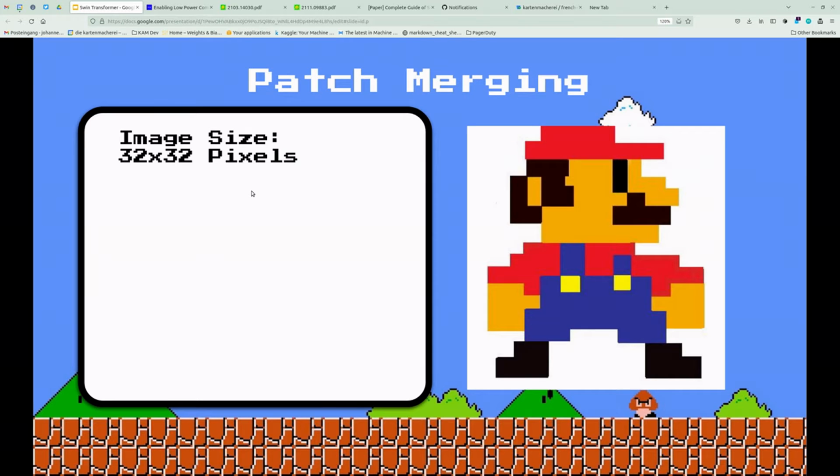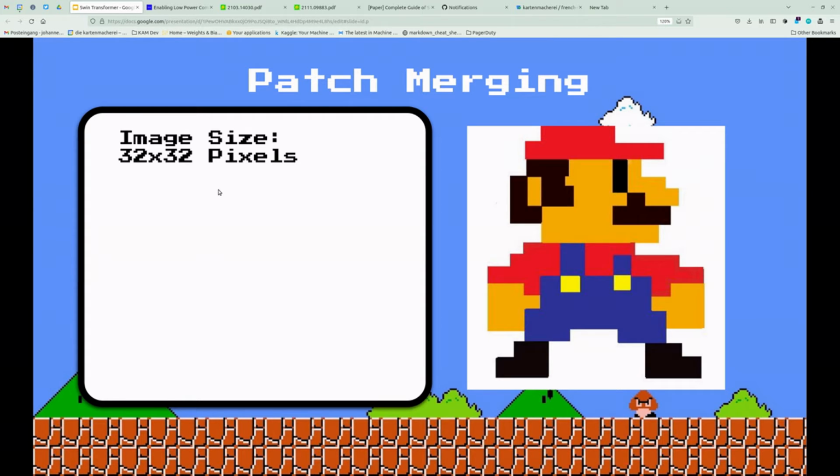Now we look at the patch merging in a bit more detail. I'm sometimes surprised by my next slide as well. So let's assume we have an image of Super Mario, of course, and the image has the size 32 times 32 pixels, right?